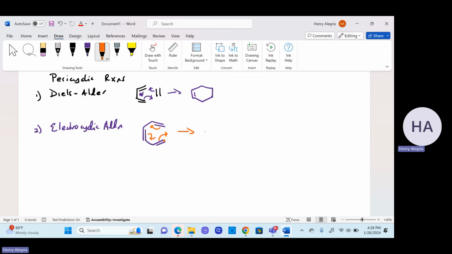If you follow this, you now have a double bond there, a single bond there, a new bond formed here, a single instead of a double at that position, and a single here. And then the third type of pericyclic reaction is what we call sigmatropic rearrangement.